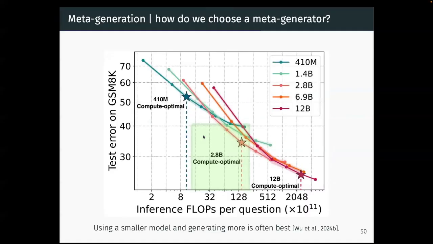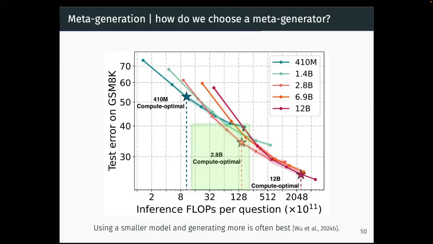Here's an example of one of these scaling laws for the inference strategies. This is looking at various model sizes again, and generating more and more outputs with them. Then you can look at each position and see what test error you are getting. One interesting thing here is that sometimes it's actually better to use a smaller model and generate more with it than to use a larger model and generate fewer times.